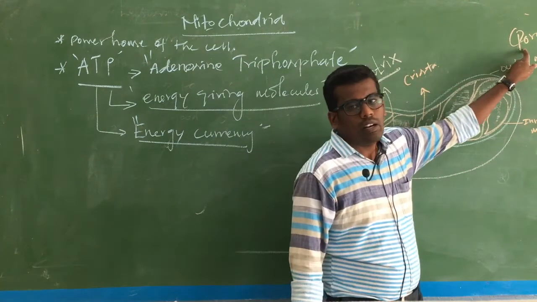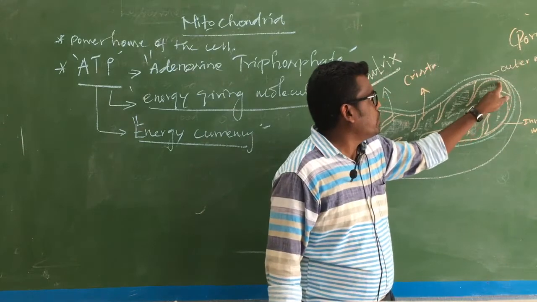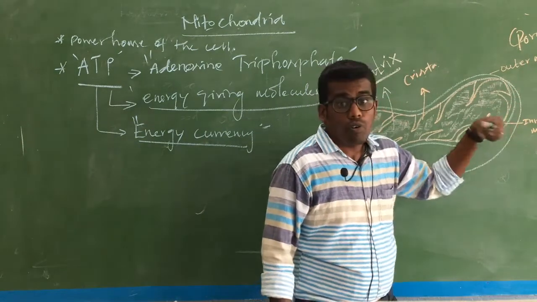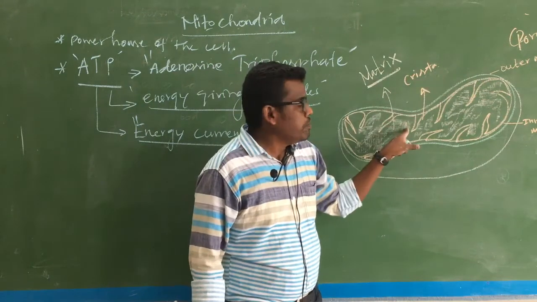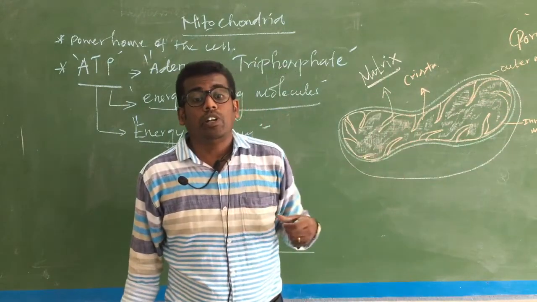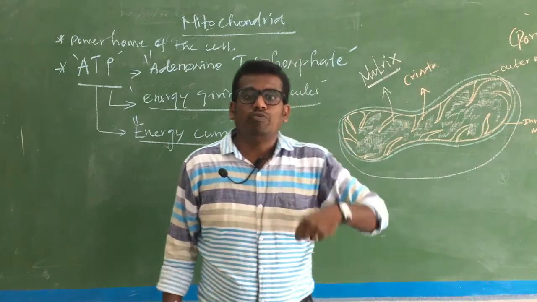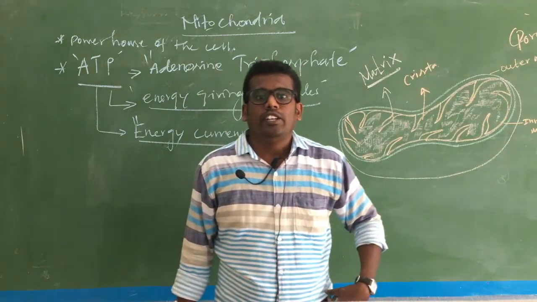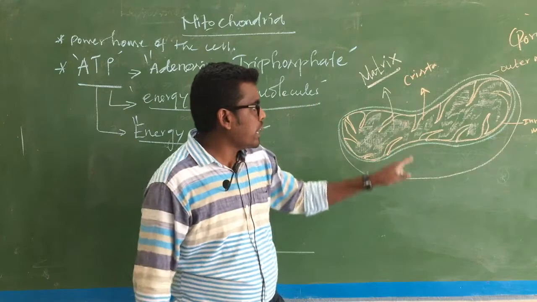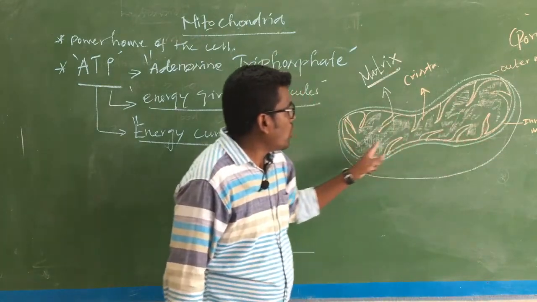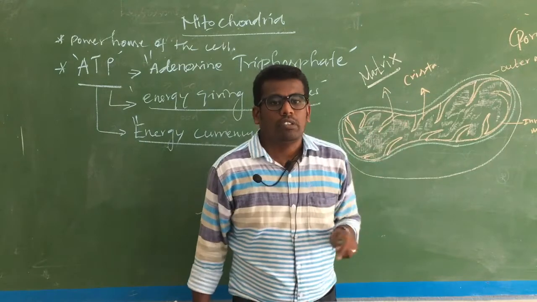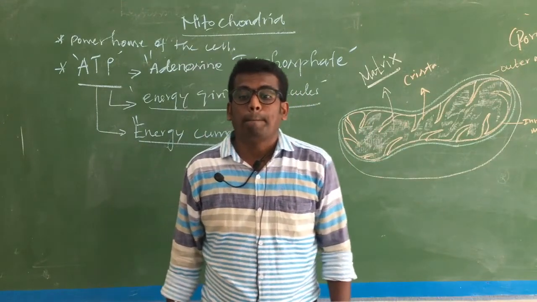The outer membrane is very porous. The inner membrane is folded deeply, which is called cristae. In the inner membrane the chemical reaction occurs which generates the ATP. And inside the mitochondria the fluid substance is called the matrix.